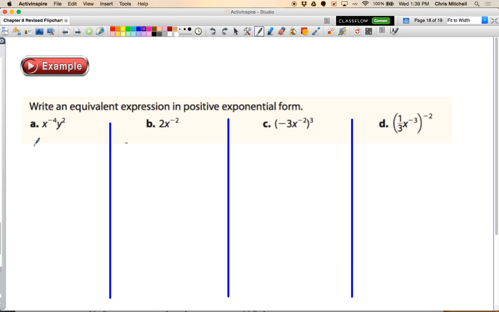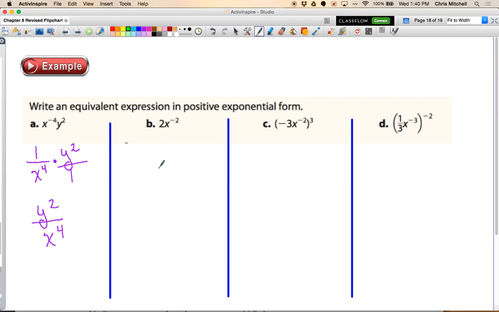We know the rule that all of our negative exponents are positive fractions. So we have 1 over x to the 4th. Pretty simple. Times y squared. So you can put this as a 1. You don't have to. So your final answer for this is y squared over x to the 4th. Simple.